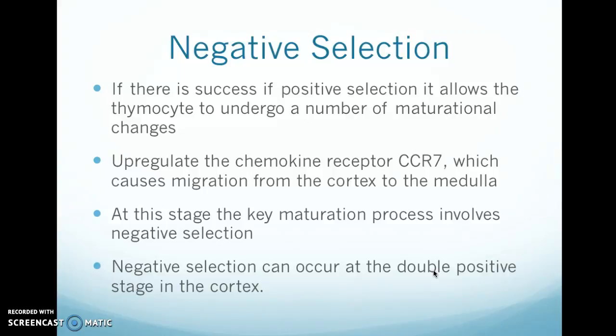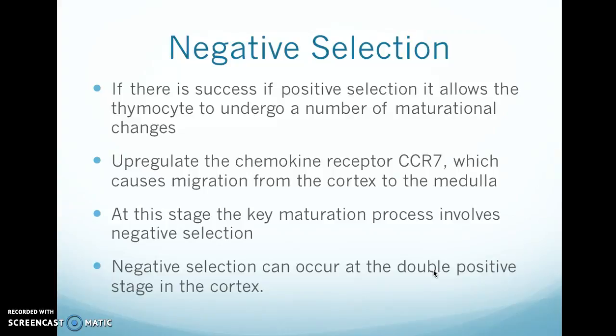Like I said in a couple of my other videos, apoptosis means programmed cell death. So if they fail, they will die through apoptosis. Without positive selection, the system would be cluttered with a great deal of cells that are unlikely to recognize anything and reduce the probability that a T cell will find its antigen in a reasonable amount of time.